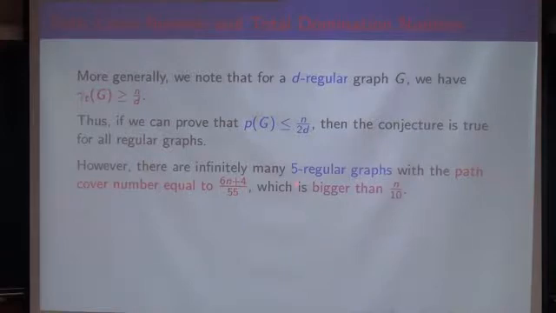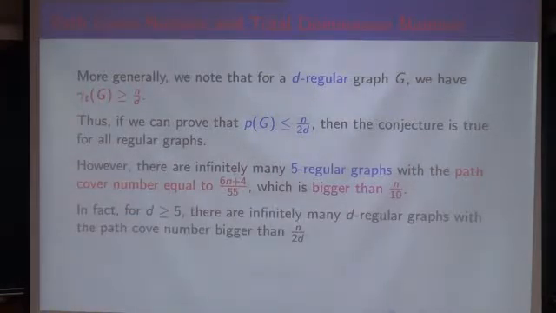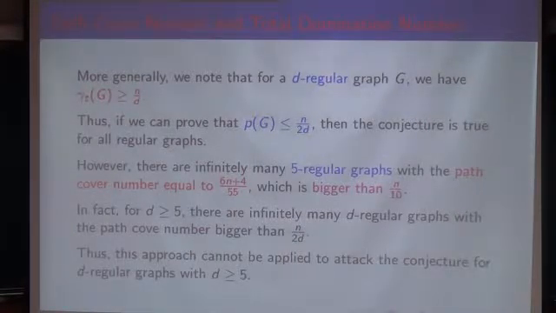However, even for 5-regular graphs, there are infinitely many 5-regular graphs with path cover number bigger than n over 10. Actually, more generally, there are infinitely many d-regular graphs whose path cover number is bigger than n over 2d. So we cannot attack the conjecture with this approach.